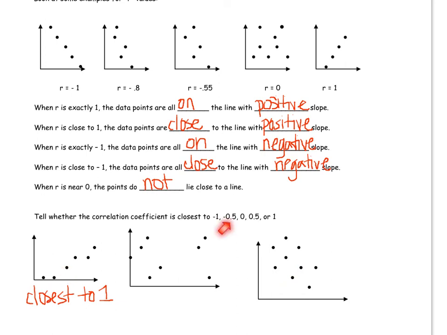So it would be closest to -1/2 for this one. And then for this middle problem, there's really not one line that all the points are closest to. So we're going to say this one is closest to 0.